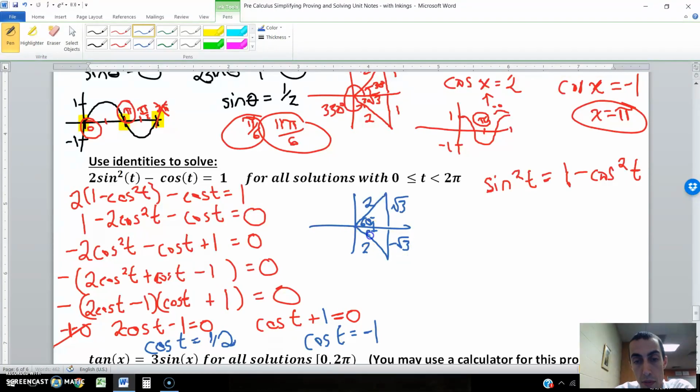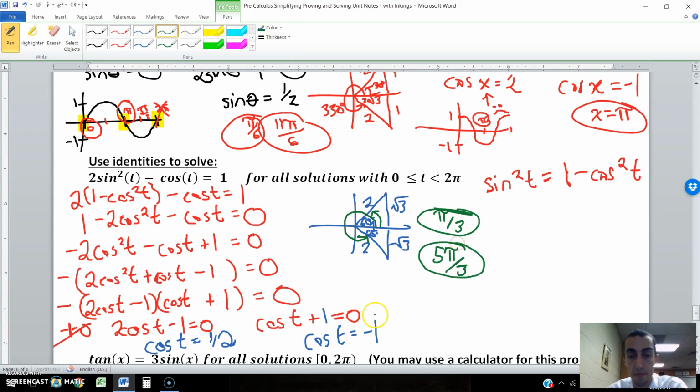There'd be a 60 in there as well. So then the two angles would be 60 degrees here, which is pi over 3. And then this angle here, taking us from the positive x-axis to that radius, would be 300 degrees, which in radians is 5 pi over 3.